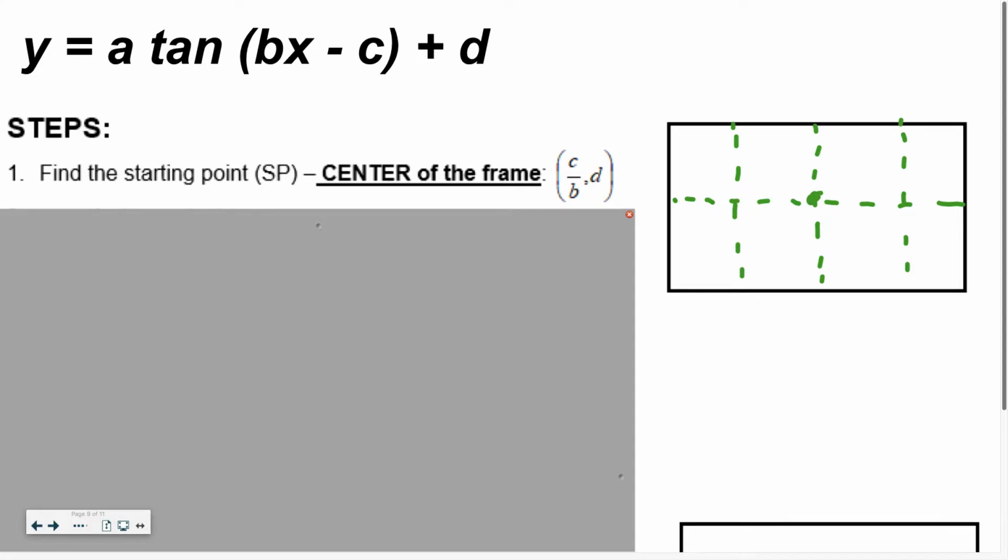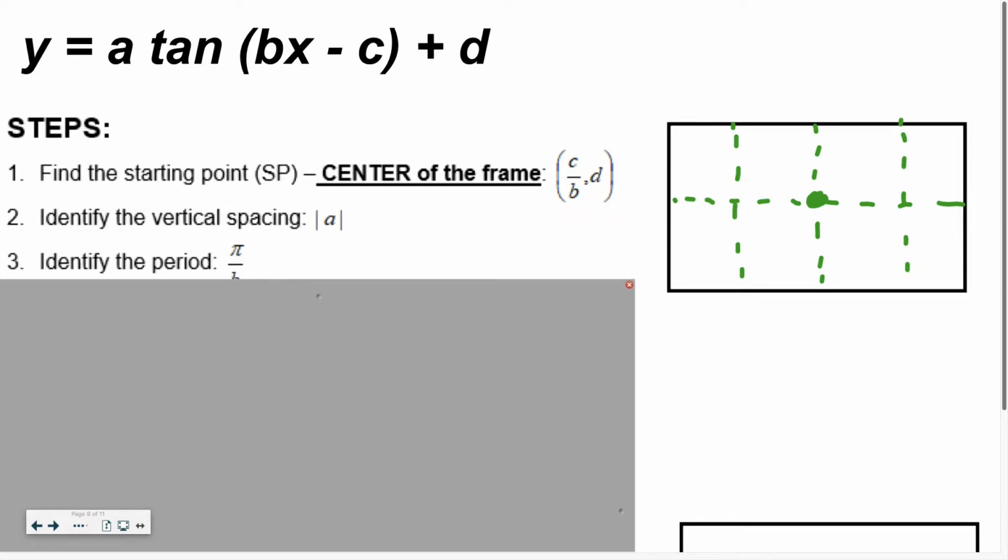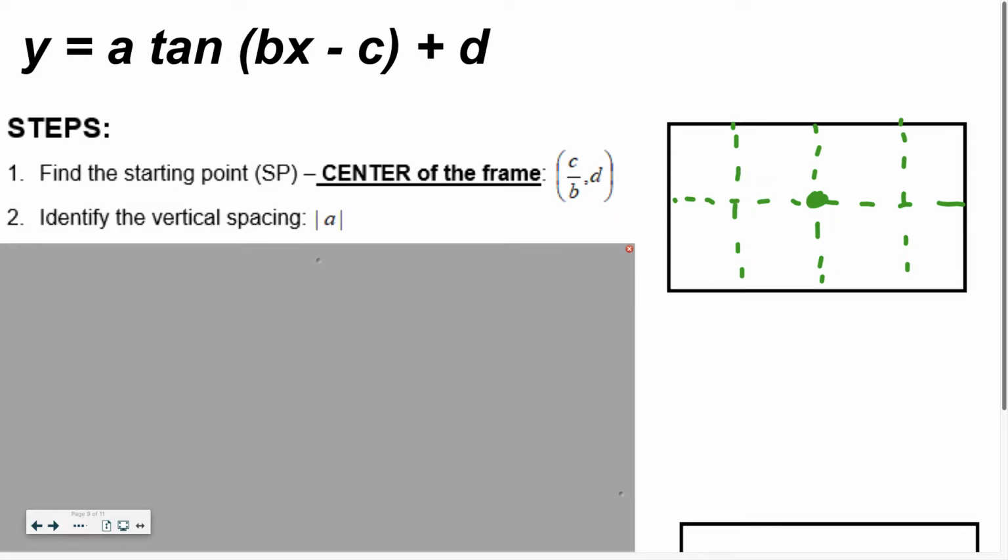So when we draw our frame, we're starting in the middle of it. So we're going to have to draw it a little bit differently, okay? We're still going to use the absolute value of A to get our vertical spacing for our frame. That's going to help us with where our squiggle is going to go, okay?